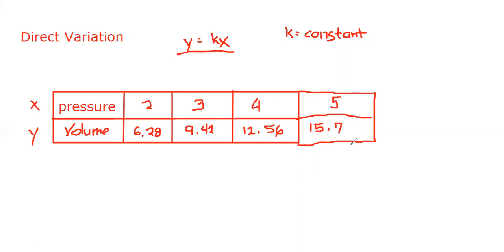So, meron tayong 2 and 6.28, 3 and 9.42, 4 and 12.56, at 5 and 15.7.